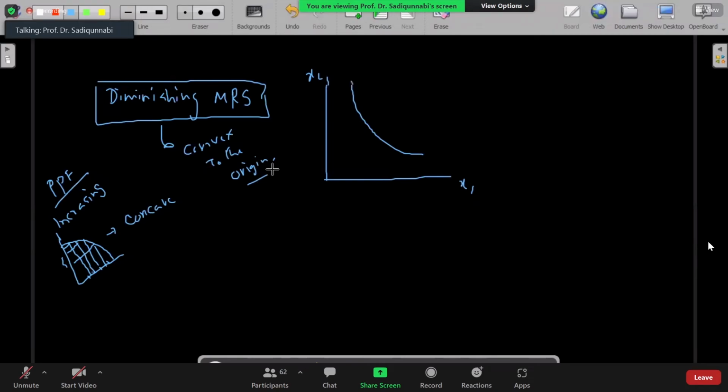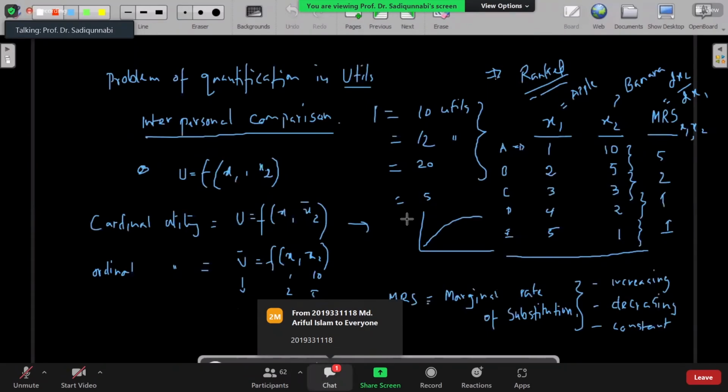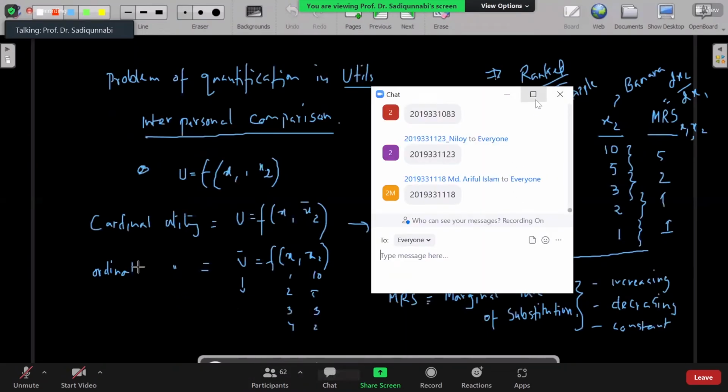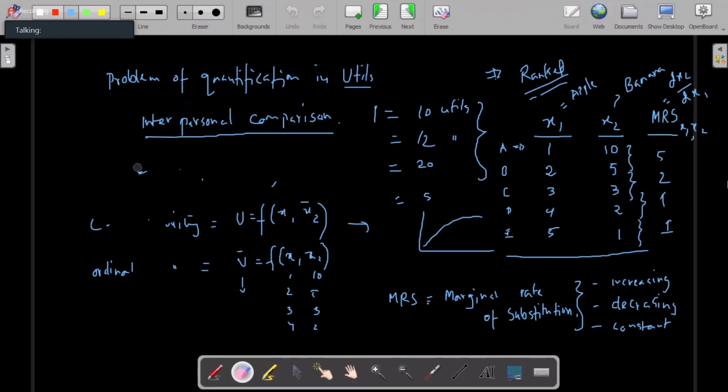If we draw the graph using the data set from the previous page, suppose our graph looks like this.